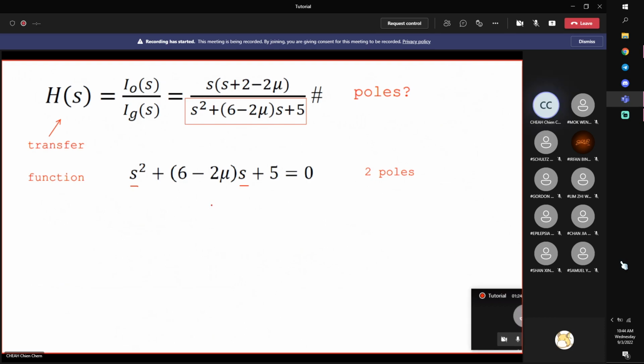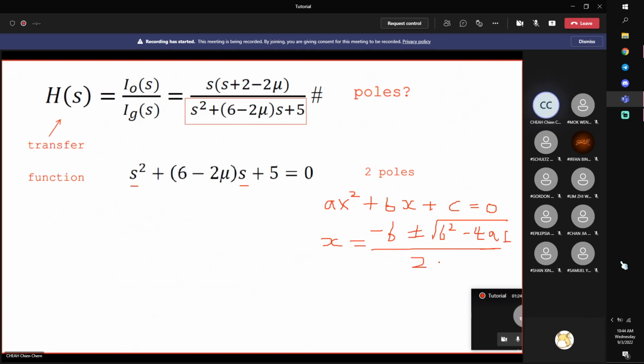Actually, this is something that you have learned before. You just need to relate to it. Suppose that you have a polynomial ax squared plus bx plus c equal to 0. Everybody knows how to solve it: x equals negative b plus or minus the square root of b squared minus 4ac, divided by 2a.